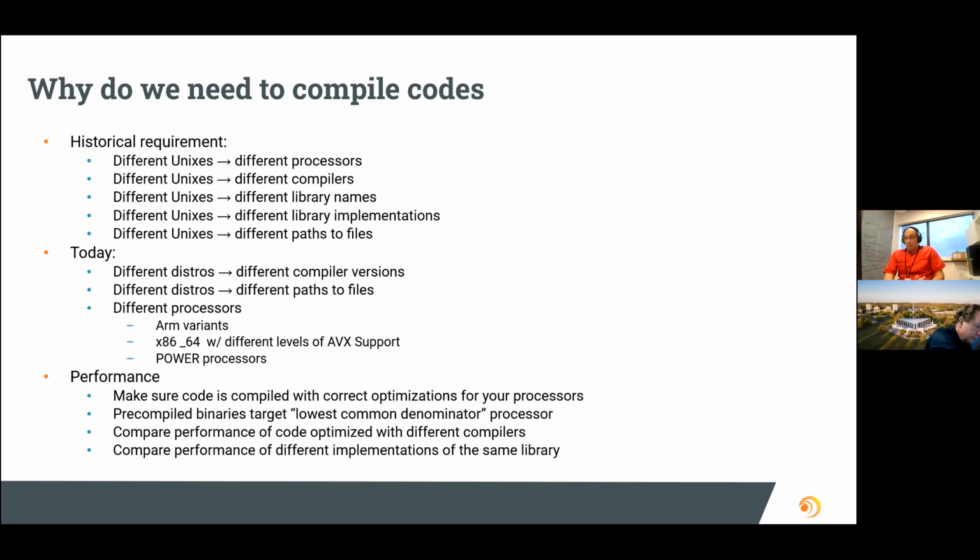You might want to compare the performance of code optimized with different compilers so you can see which compiler provides the best possible performance for your system, right? You might want to compare different implementations of the same library, which means you're going to need to compile multiple versions of that library.